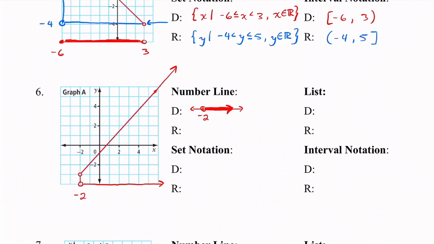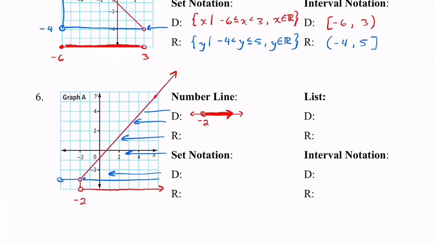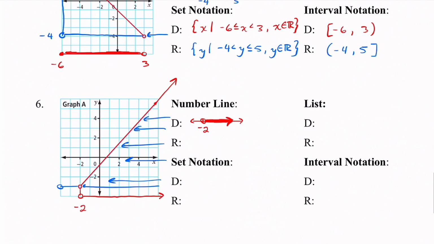So for range, we're now shining our flashlight from the right. So at this low point here, it's going to go through there, and this is not going to have a shadow. But every point above that, these are all going to hit the line, and then we're not going to have any light on the wall. This is all going to be a shadow region, and it's just going to keep going up and up because this line just keeps going up and up, and it just keeps blocking more light.